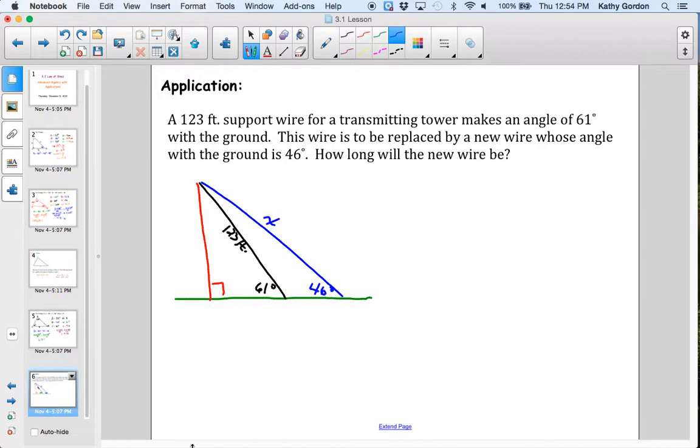Not necessarily. Here's one of the things to understand when you start working with application problems with some of these rules, theorems, whatever you want to call them, like the law of sines. When you get to an application problem, it's not usually about solving the entire triangle anymore. It's about solving for the missing piece they're asking about.